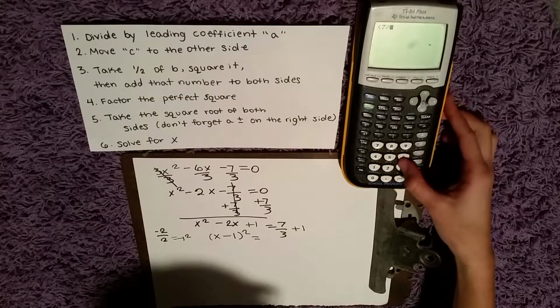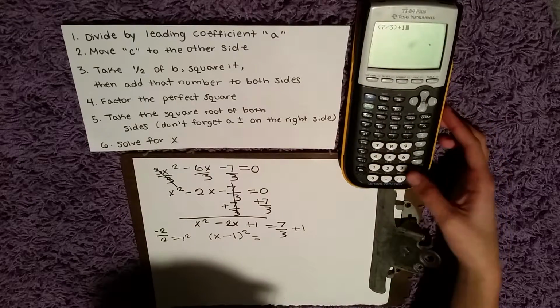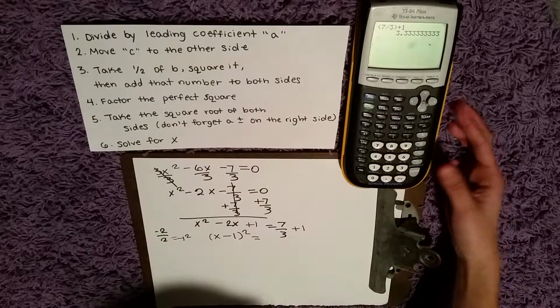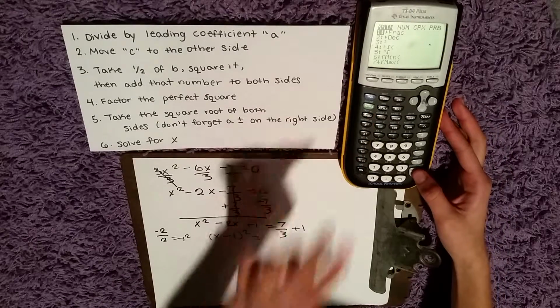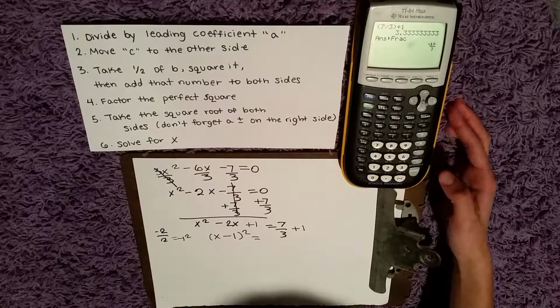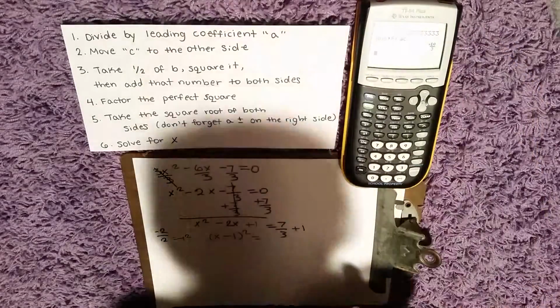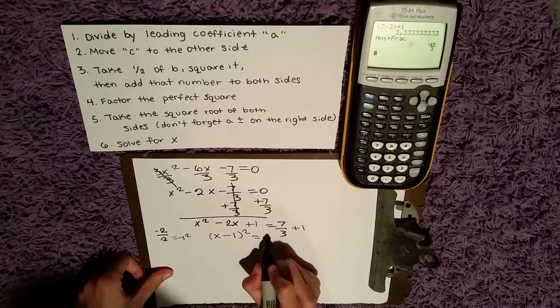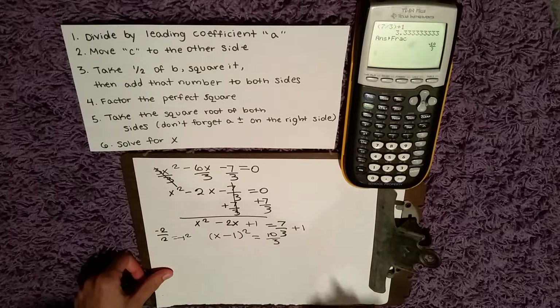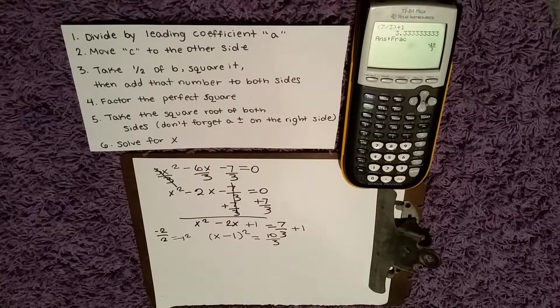So we'll just type 7/3 plus 1, which is 3.3. And you can either leave it like that or use the math to frac key and get 10/3. Just like that. And that's it.